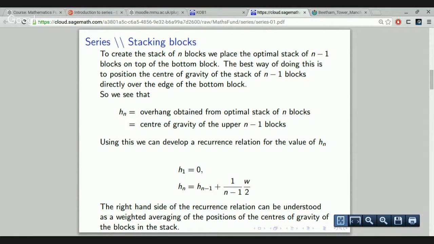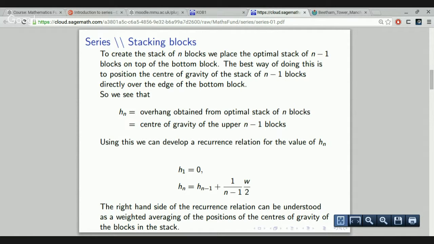If the horizontal location of the center of gravity of the top group of blocks is supported by the bottom block, then it won't topple over. If the center of gravity of the top group of blocks passes outside the supporting block, then gravity pulls the whole thing sideways and it all falls over.